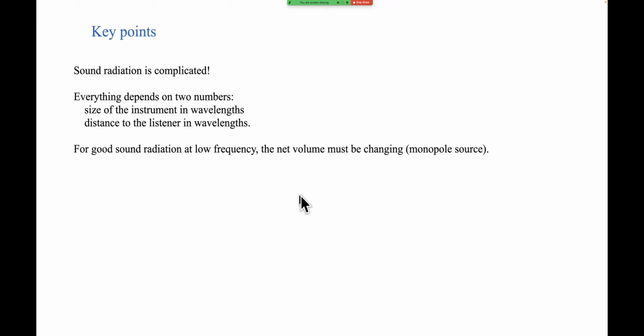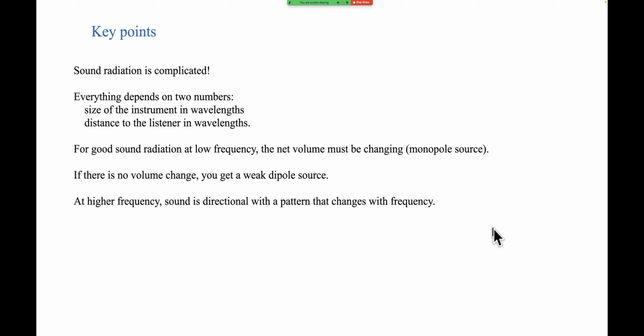So it matters to think about what's the least bad thing we can do. How can we get fairly good sound radiation at low frequencies? And the key thing there is that you need vibration in a way where the net volume is changing so that it's a monopole source. If the volume is not changing, you get this relatively weak dipole source.